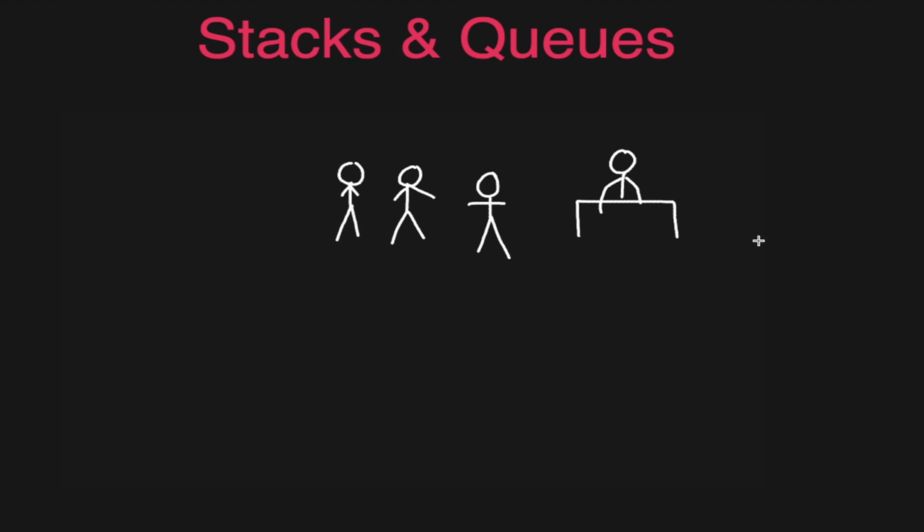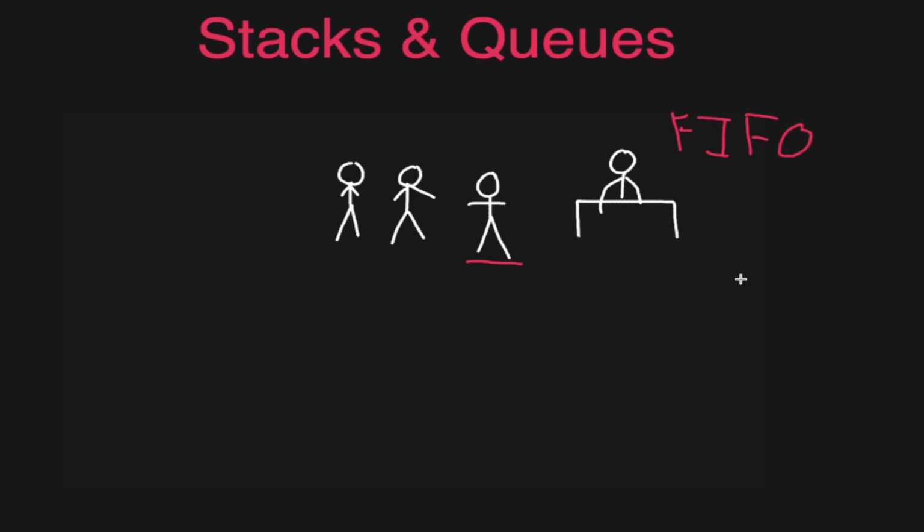Queues tend to be implemented with linked lists, and the queue adheres to the first in, first out policy. We can see that this first person here was the first person to line up, so he's going to be the first person served. This is also known as FIFO, first in, first out.